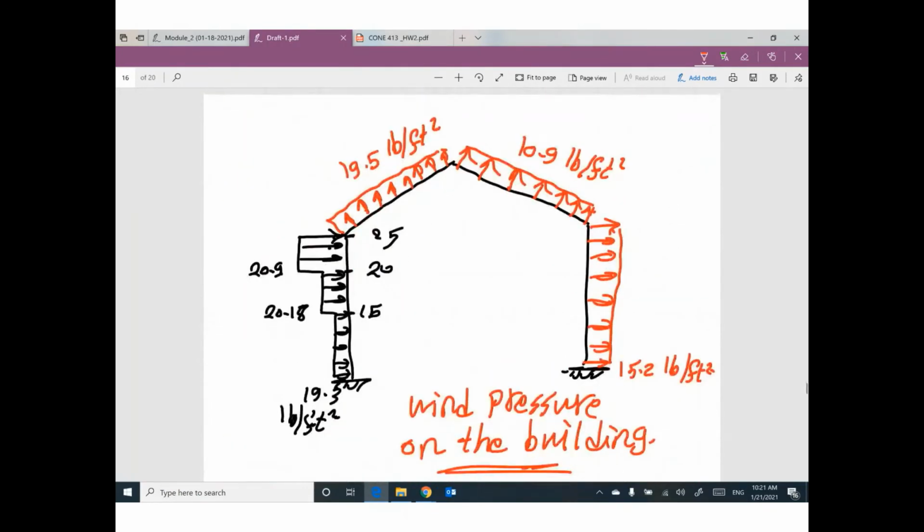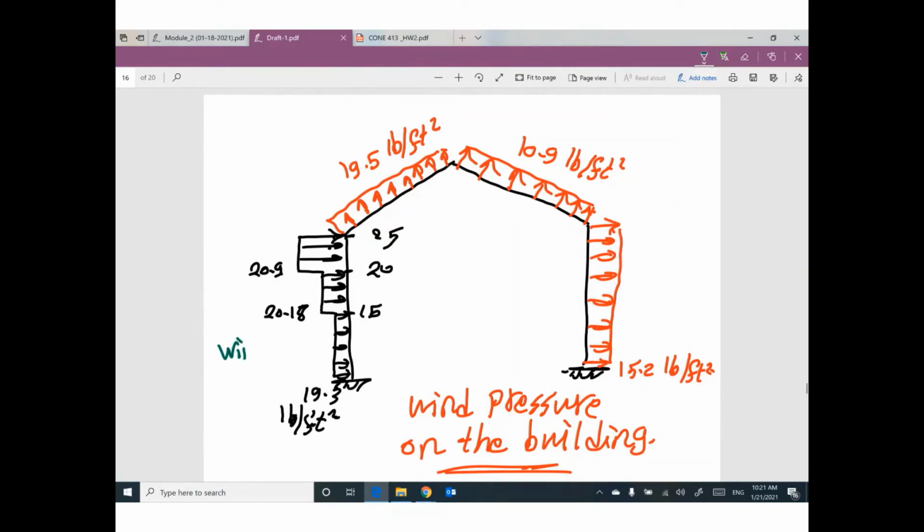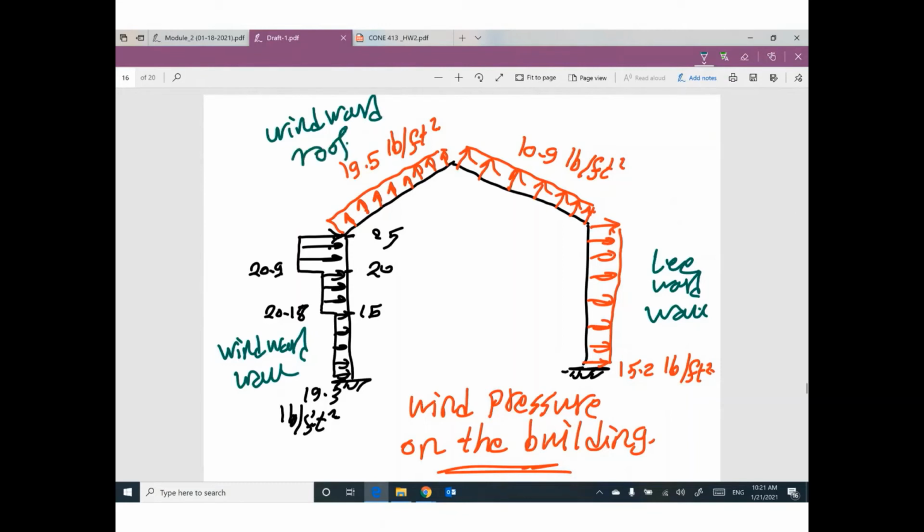So the final values for wind pressure must look like this: for the windward wall, leeward wall, windward roof, leeward roof. Any questions?